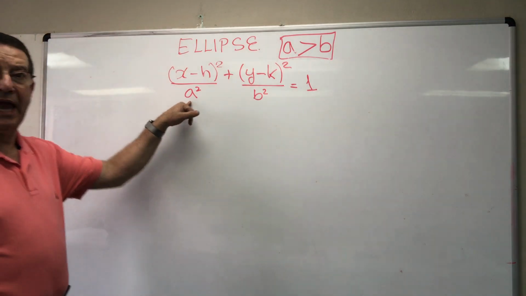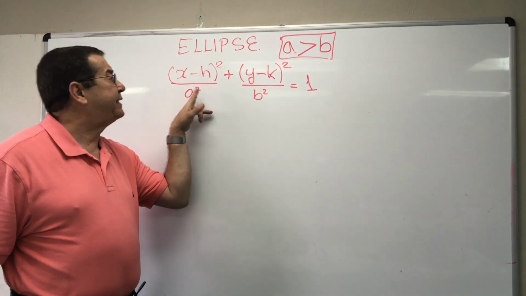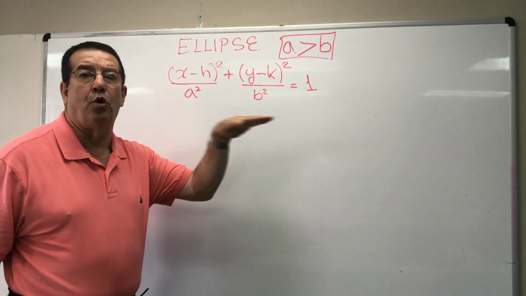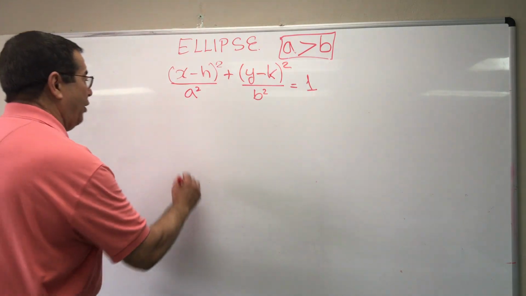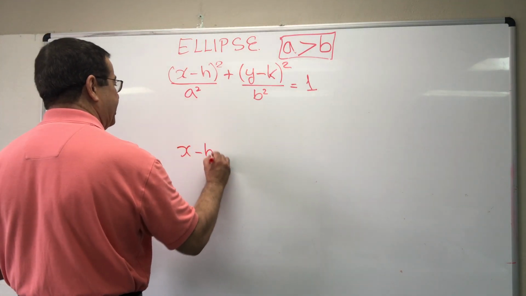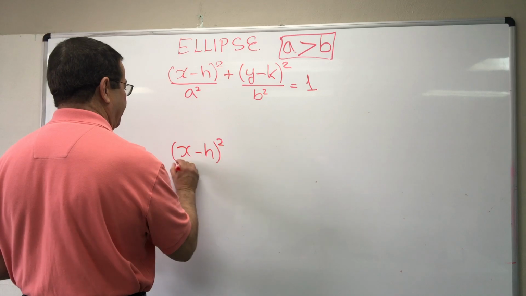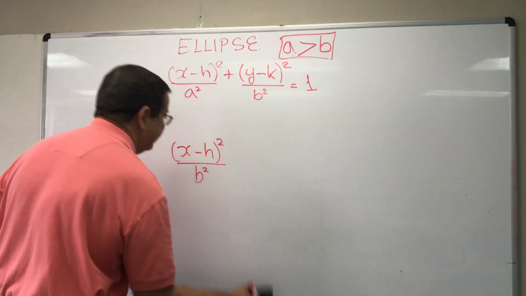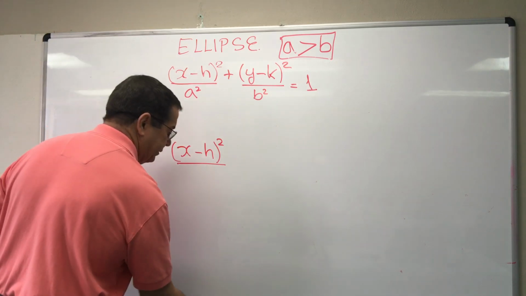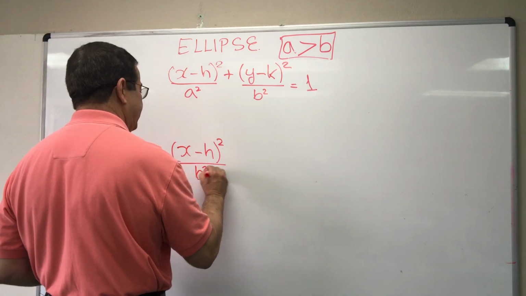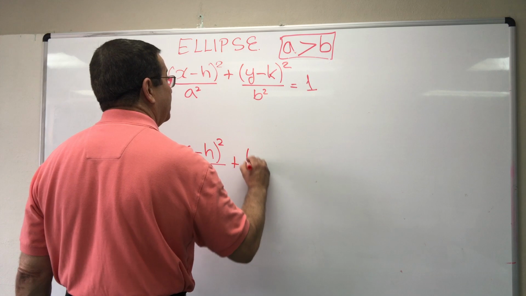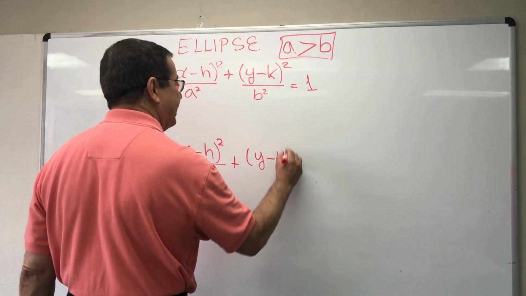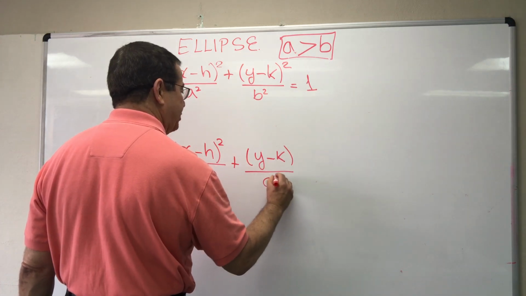This is because a squared is in the denominator of x, so this is horizontal. And the other form is (x - h)^2 / b^2 + (y - k)^2 / a^2 = 1.